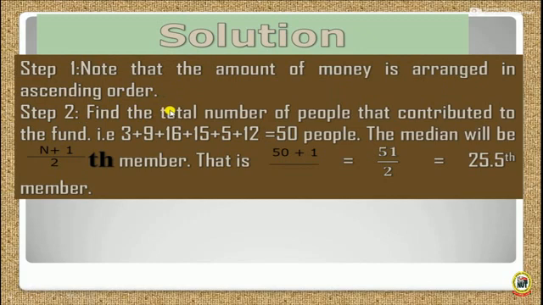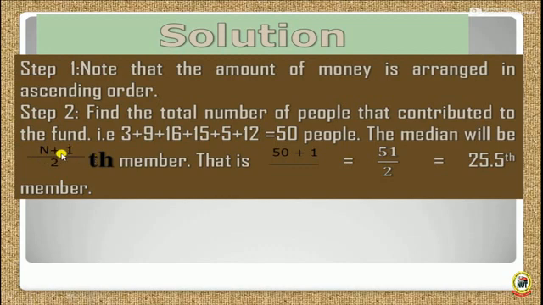Then step 2, find the total number of people that contributed to the fund. That is 3 plus 9 plus 6 plus 15 plus 5 plus 12, equal to 50 people. It implies that 50 people actually contributed to the COVID-19 fund. And then the median will be, the formula for median of grouped data is n plus 1 all over 2 term.